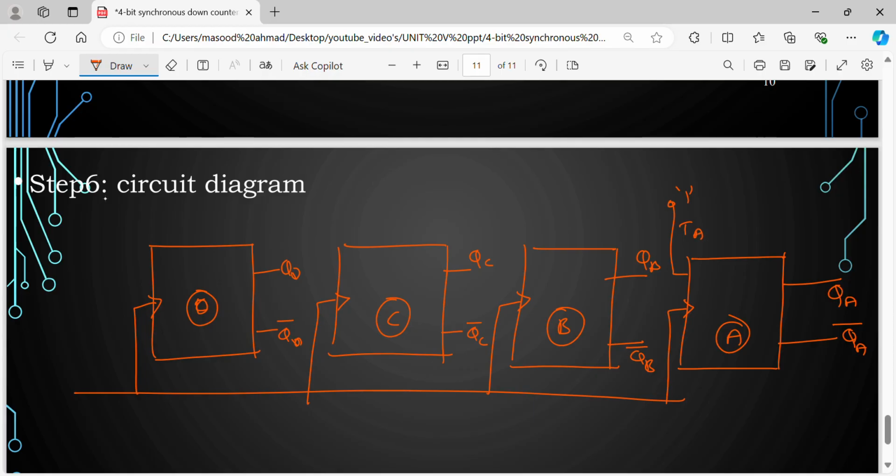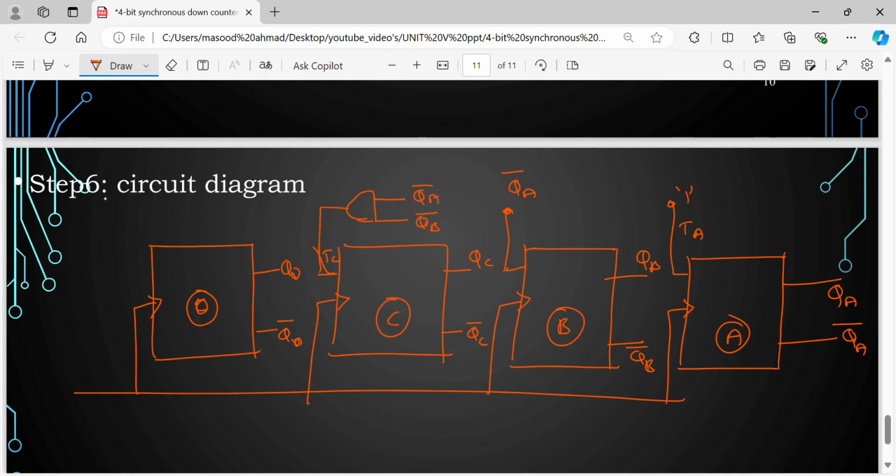TB is connected to QA bar. Whereas TC is connected to QA bar and QB bar, so the input is like this. There is an AND gate. One input is QA bar, another input is QB bar. That we are giving to TC.